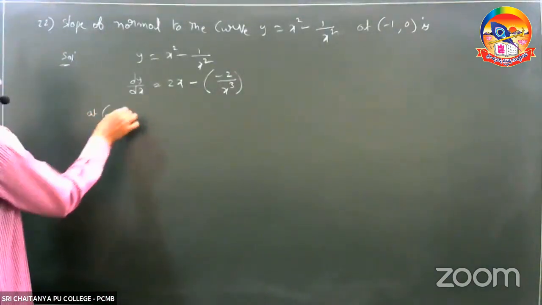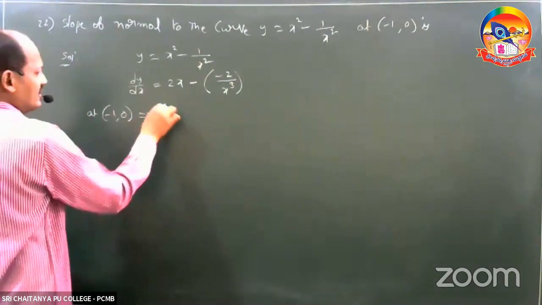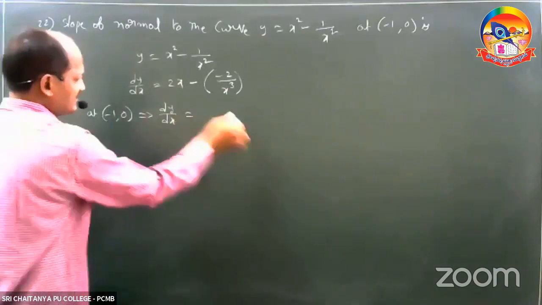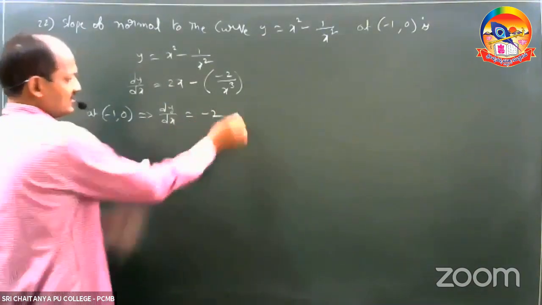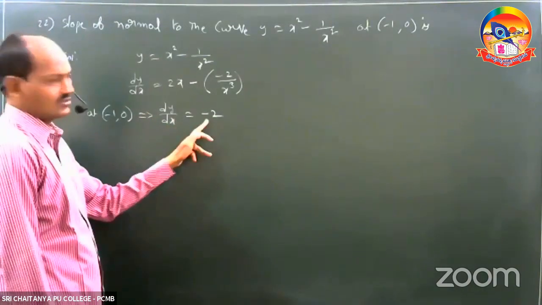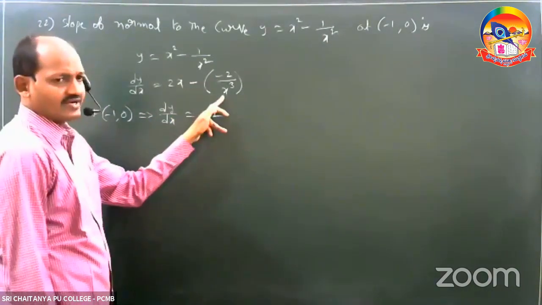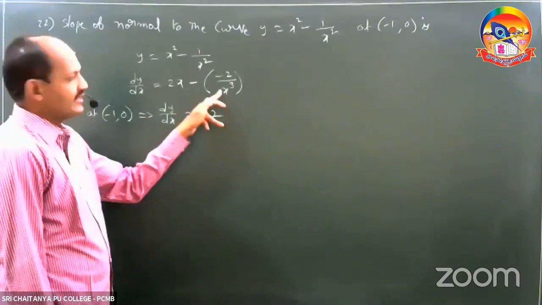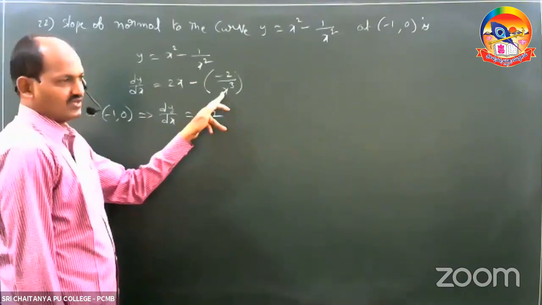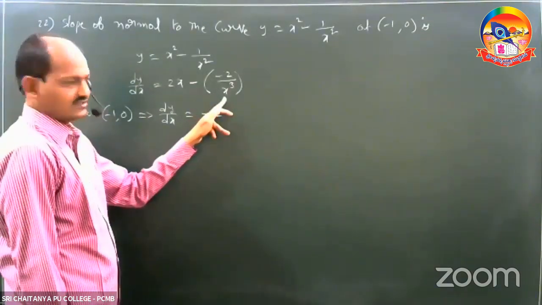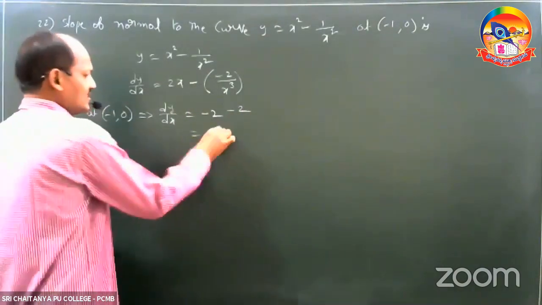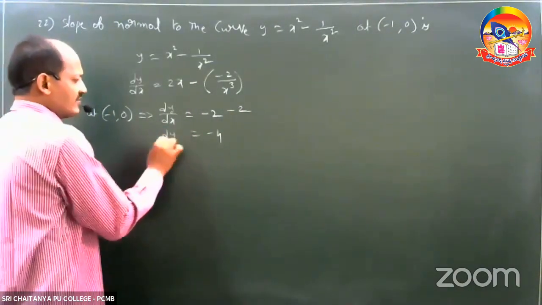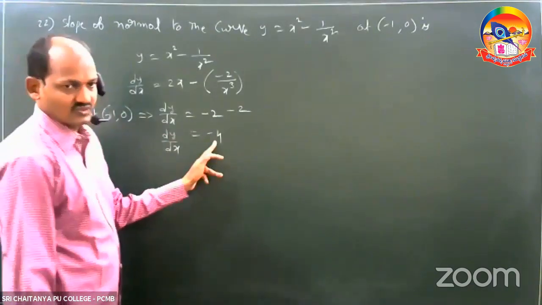At minus 1 comma 0, dy by dx is 2 into minus 1 plus 2 divided by x power 3, and x value minus 1 power 3 is minus. So the slope of tangent is minus 4.